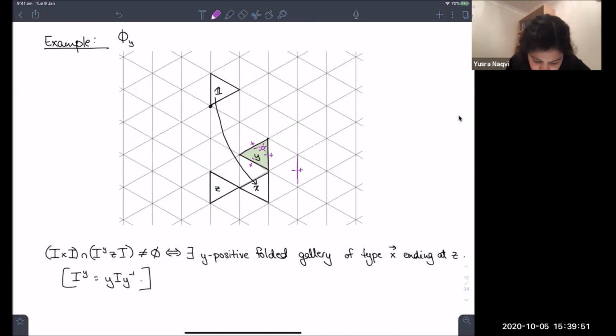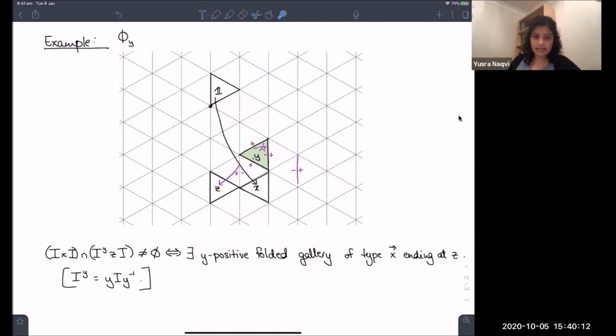So in this case, I have a negative on this side, a positive on this side, and I can fold my gallery away over here, going from a gallery that went from 1 to X to be a gallery of the same type, hitting the same types of panels, but now leading me to Z.